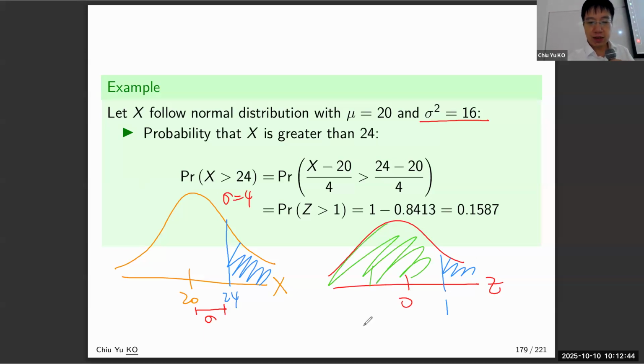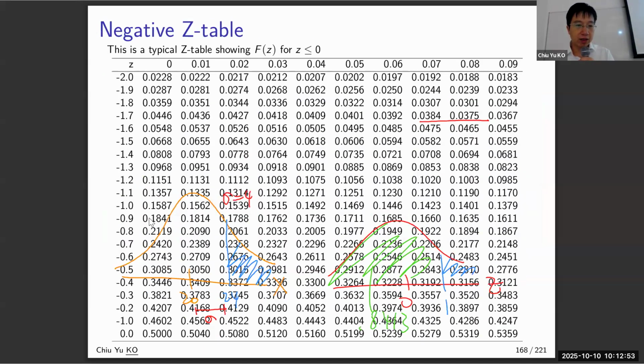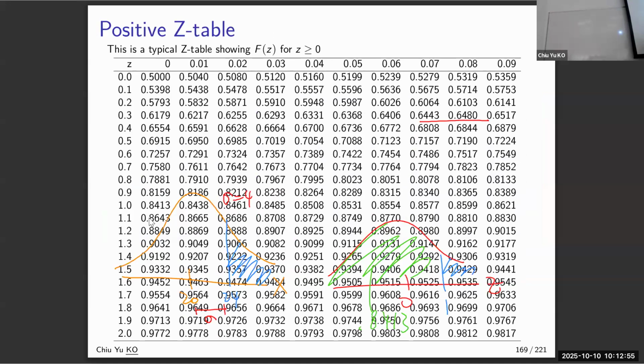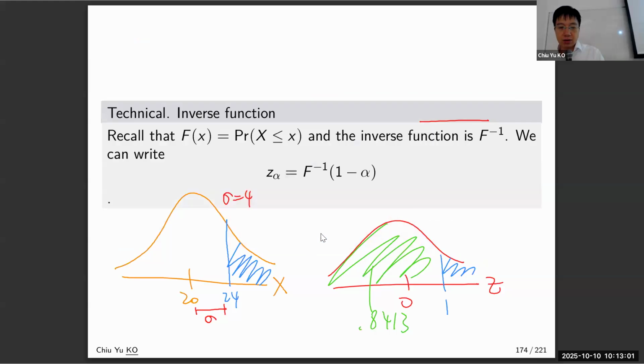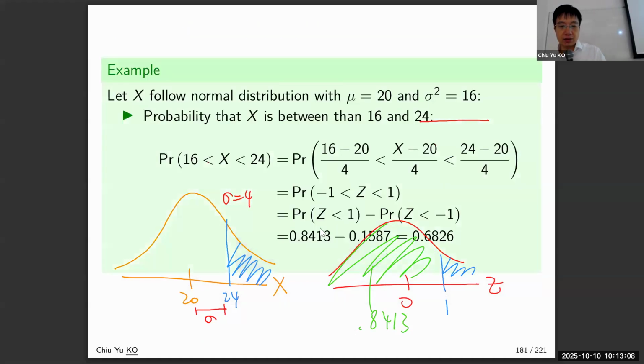In case you don't know, I check that again for you. 1 is this guy, 0.8413. So once you know the green area is 0.8413, then we're done.